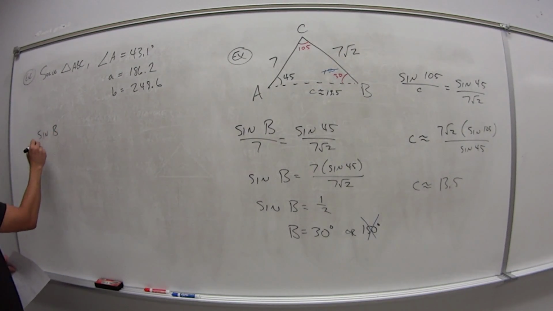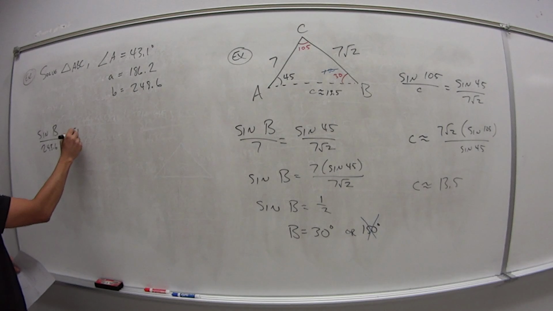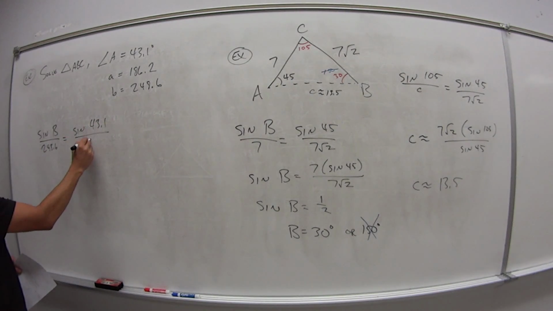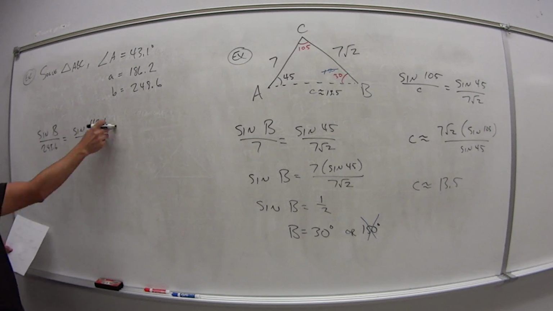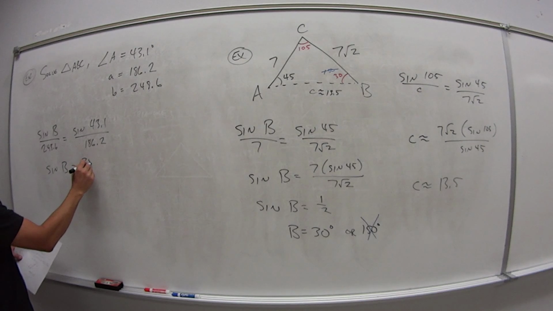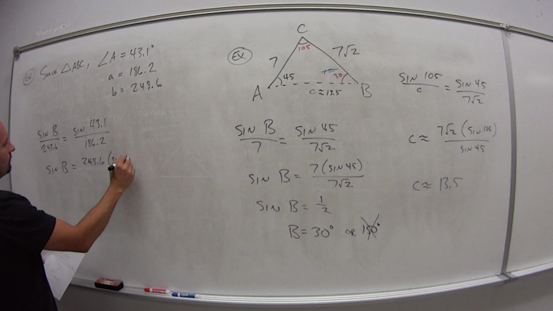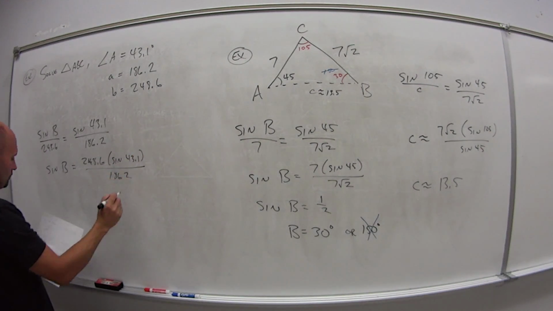I get that sine of B over the length of side B, 248.6, is equal to sine of A, so sine of 43.1, all over the length of A, 186.2. So if I multiply both sides by 248.6, I get sine of B is 248.6 times sine of 43.1 all over 186.2.